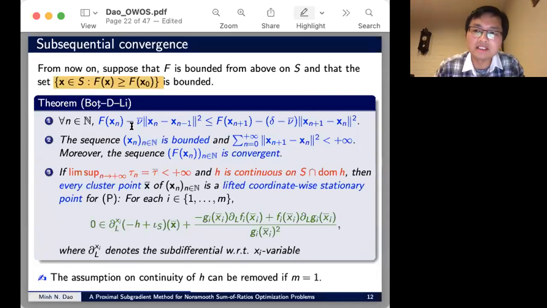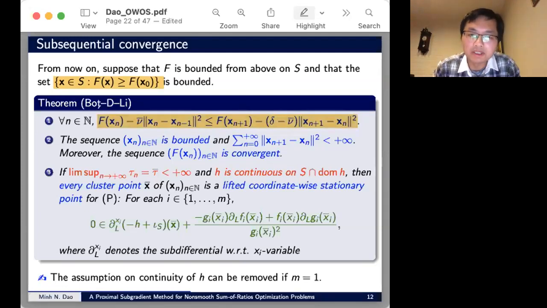They are also standard assumptions, right? And we get this inequality for our methods. Here, of course, xn is the sequence generated by our methods.